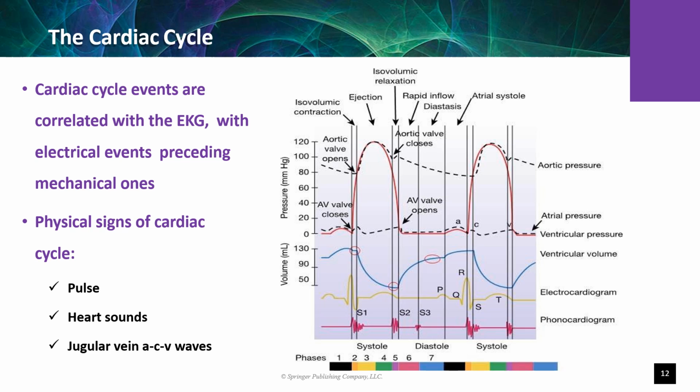Isovolumic relaxation occurs at the beginning of diastole. The aortic valve has closed, and left ventricular pressure is still higher than left atrial pressure. So this phase of relaxation occurs without a change in left ventricular volume.